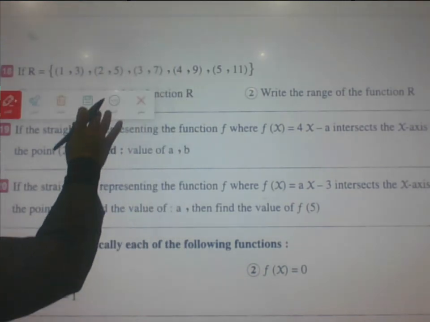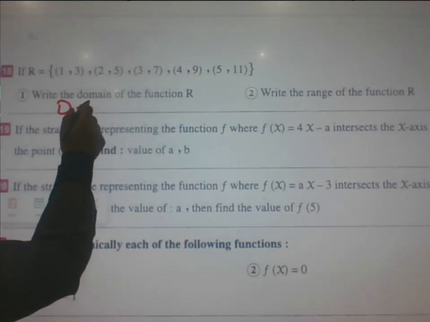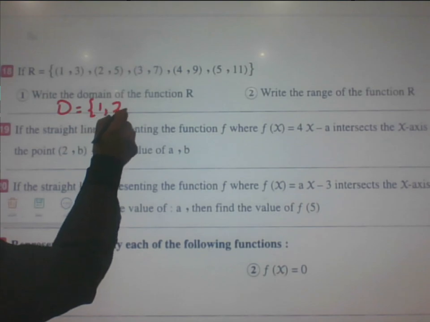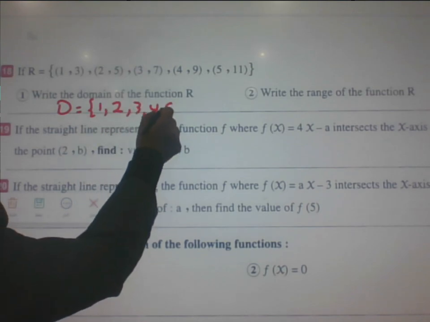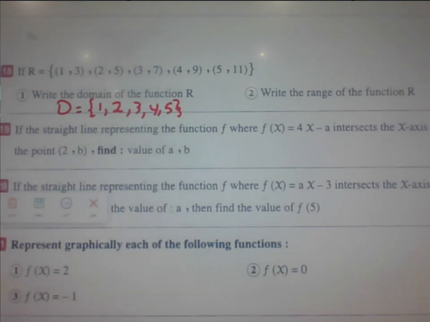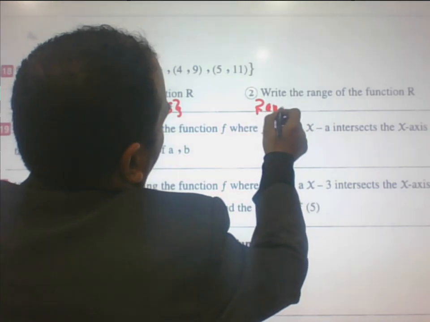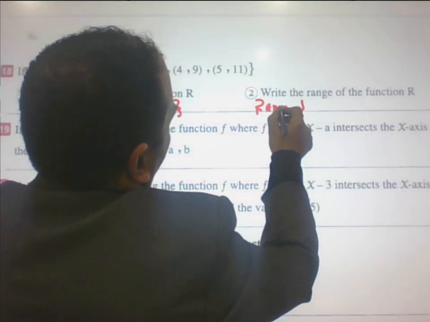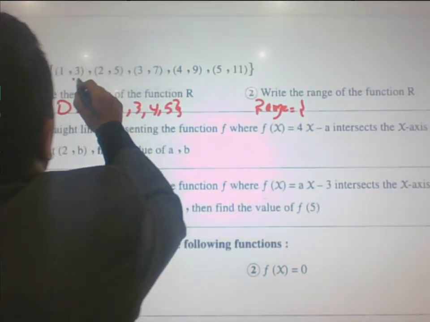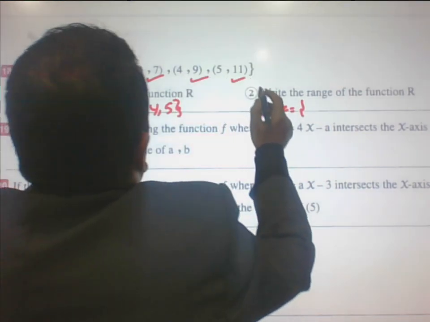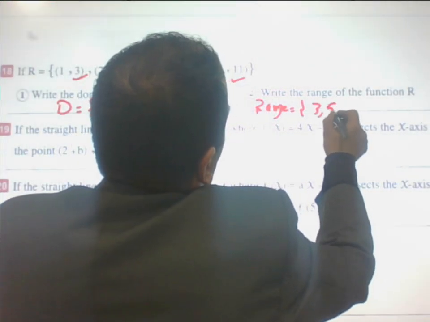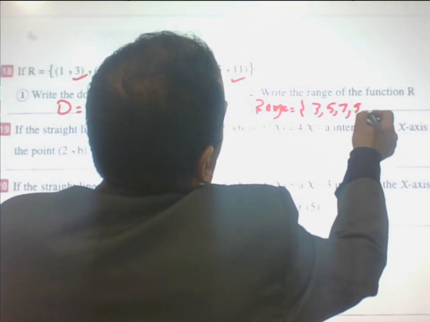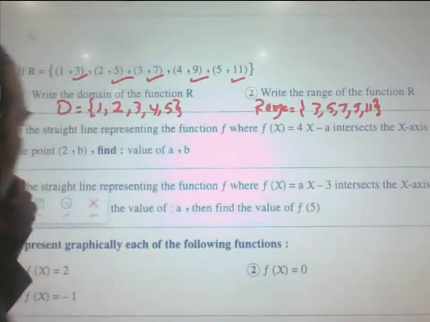This is the domain. The domain will be 1, 2, 3, 4, and 5. And find the range. The range will be equal to the second: 3, 5, 7, 9, 11.